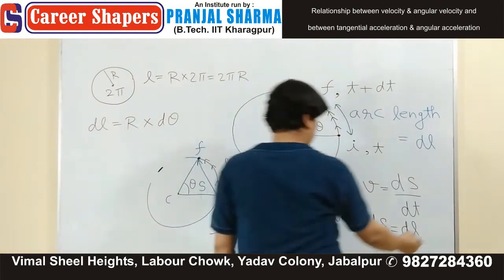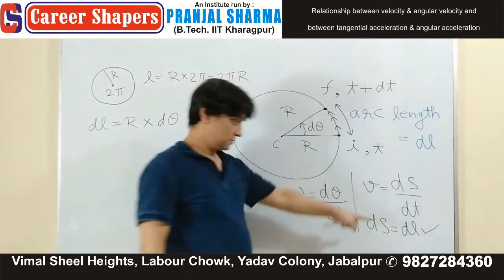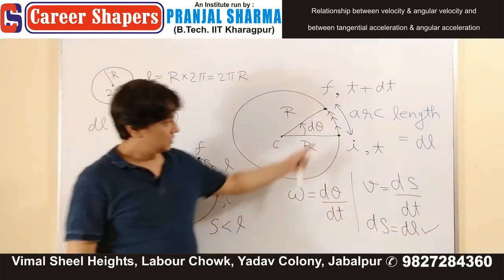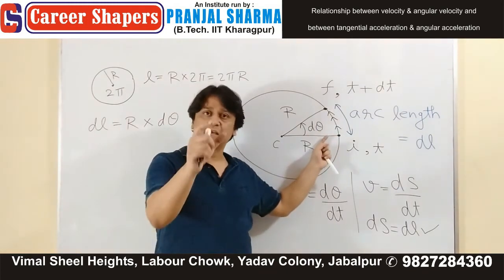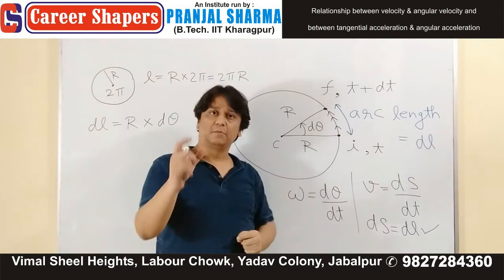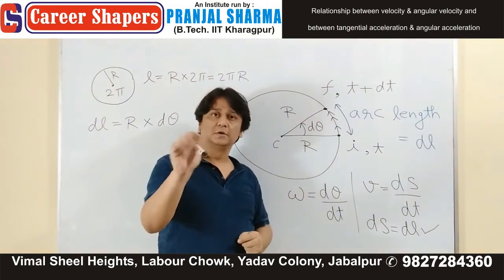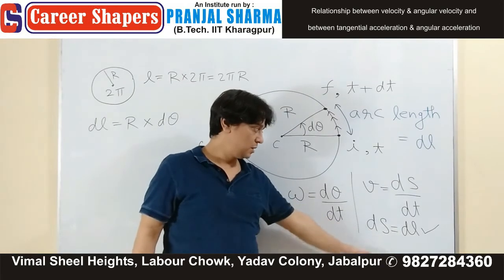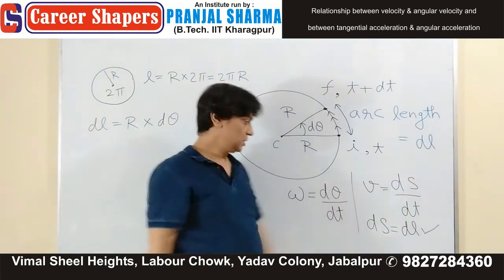And therefore I can write ds as what? dl. For a very small angle, this arc can be approximated with a straight line. It is written here. Which means what?